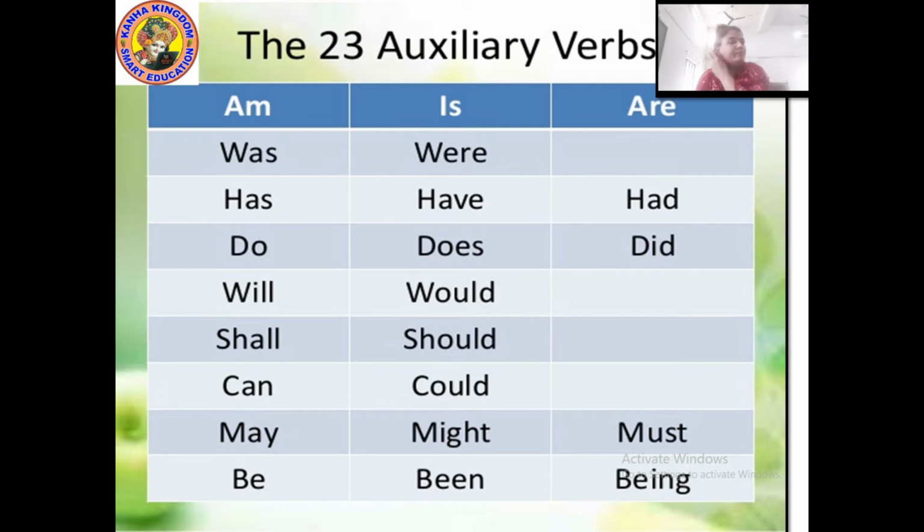Written. Next, will, would. Column 1 will, column 2 would. Third column will be empty. Next, shall, should. First column shall, second column should.